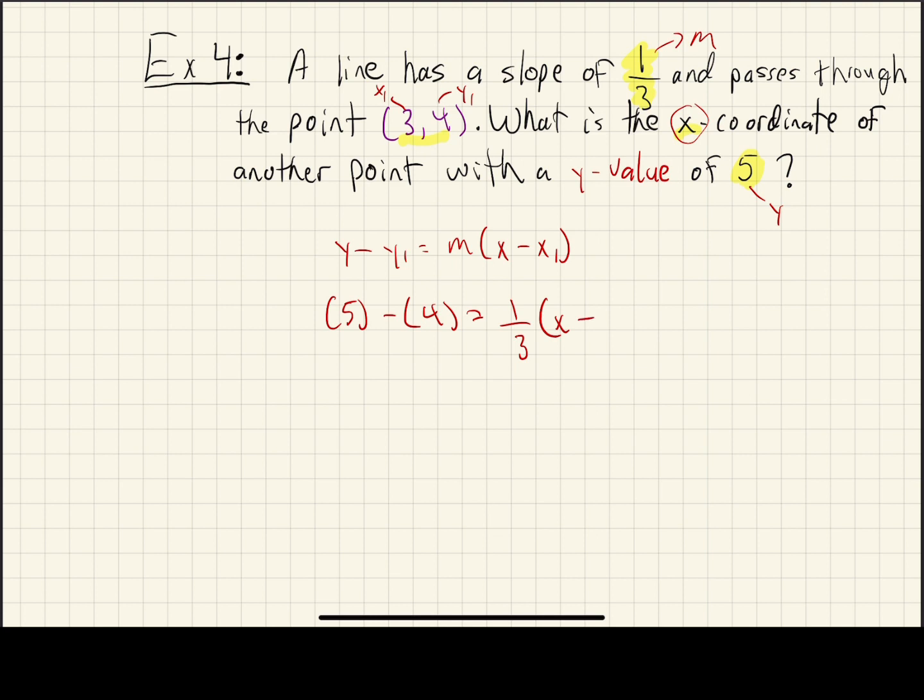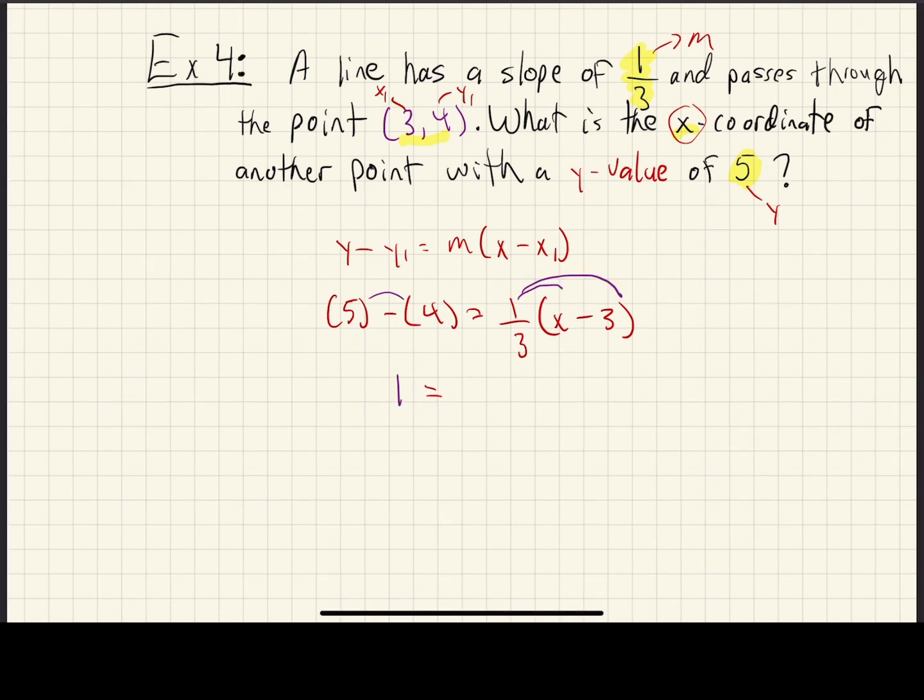And then the x1 is 3 over here. Then when we solve both sides of the equation, we end up with 1 from 5 minus 4. And then 1 over 3, using distributive property, we get 1 over 3x. And then 1 over 3 multiplied by negative 3 gives us negative 1.